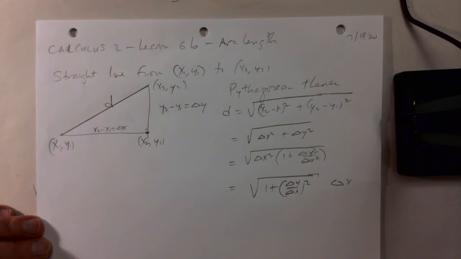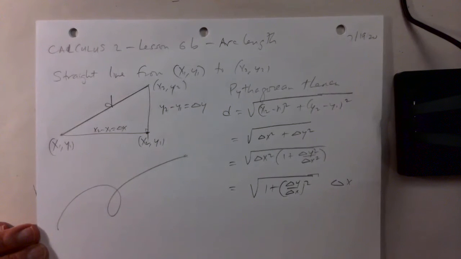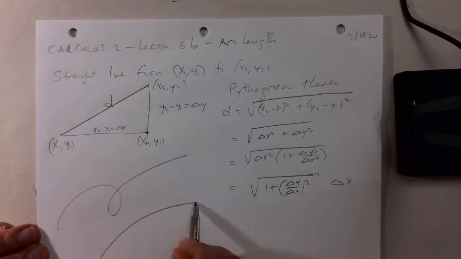Now, this is the simple idea behind the formula for the arc length of a curve in calculus. Suppose we have a curve and we want to know how long it is. What do we do? Make it a simpler curve. Suppose the curve just looks like that.